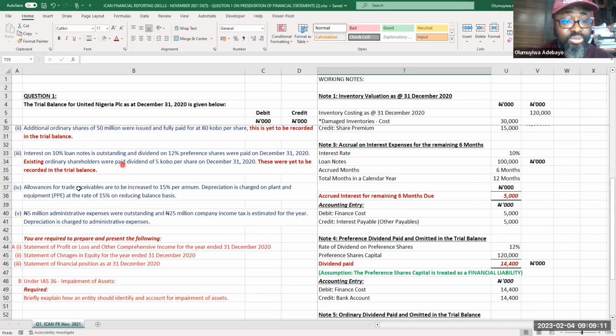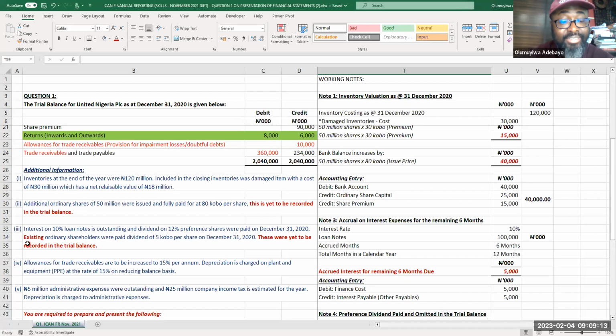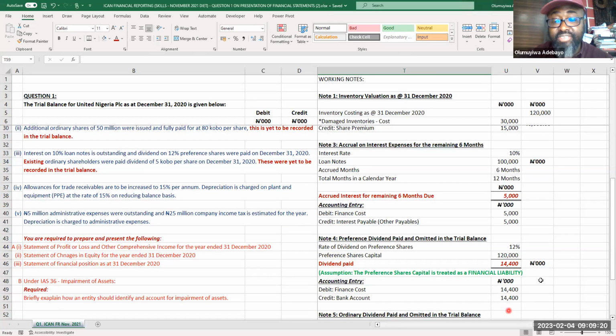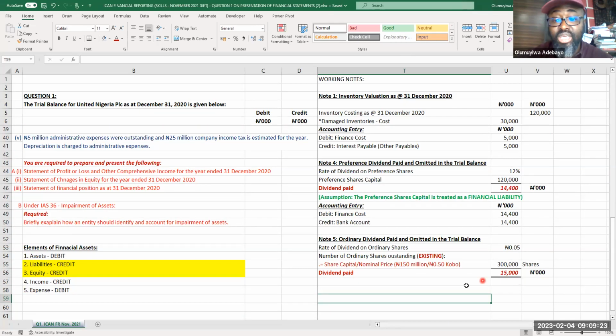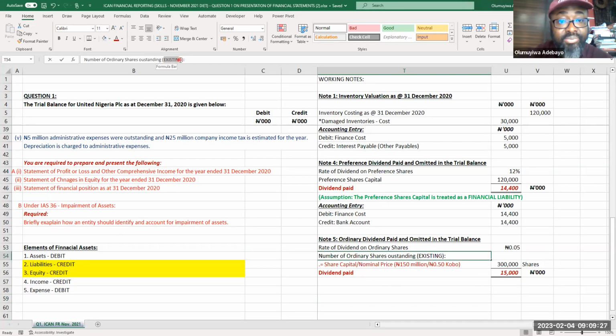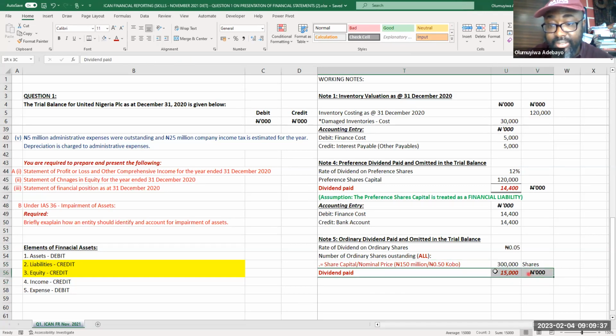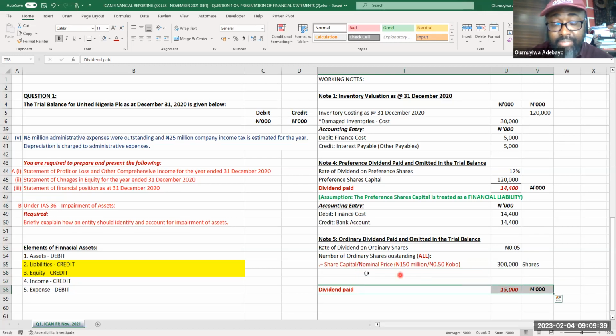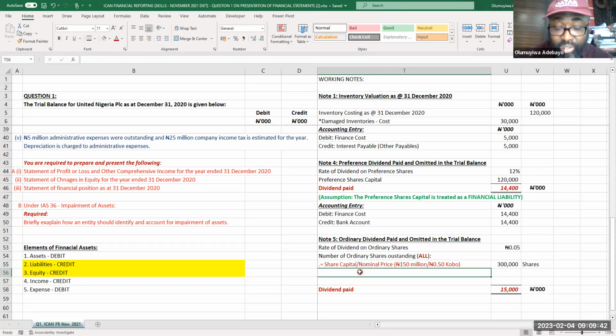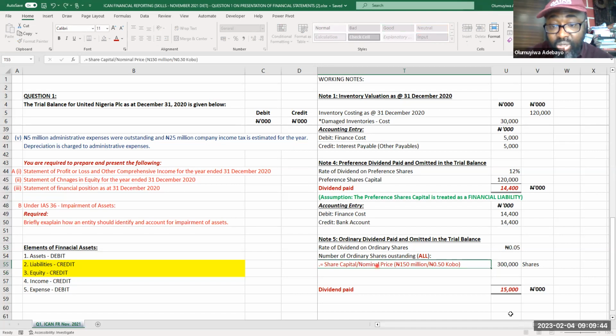Okay, now I'll also explain. In the ICAN solution, they didn't consider the word existing. They considered total number of shares. Okay, which means instead of arriving at 15 million, what they did is that if you consider all shares, for example, let me change this to all shares means apart from this existing, I'll also have for the new.